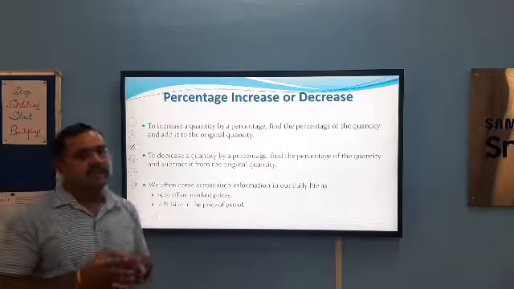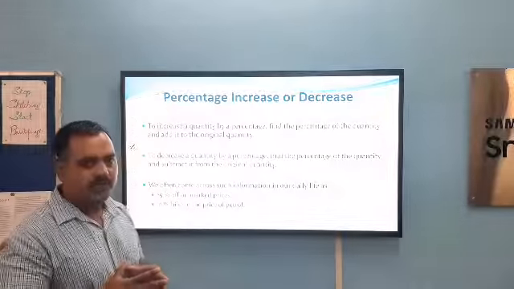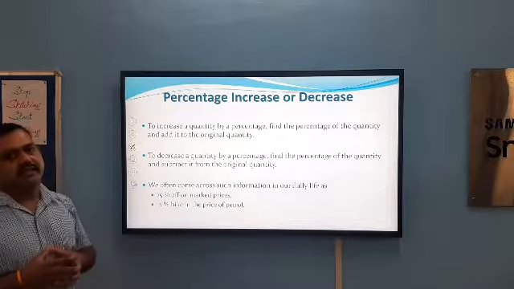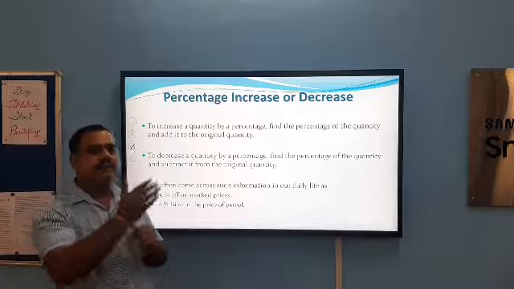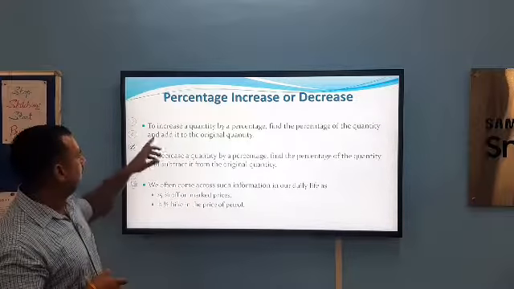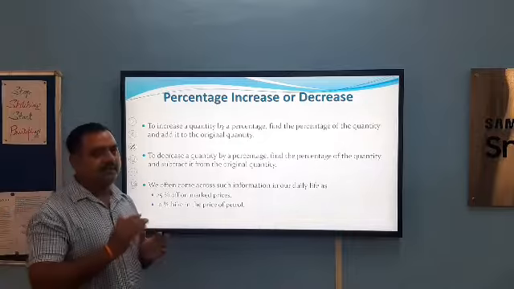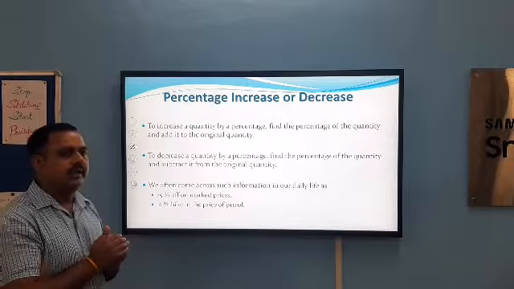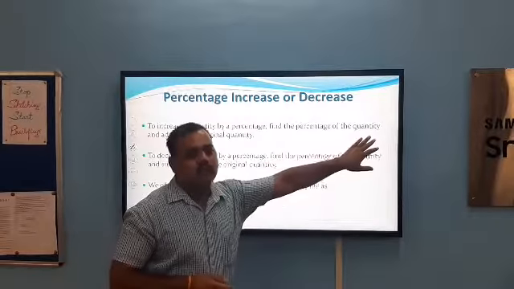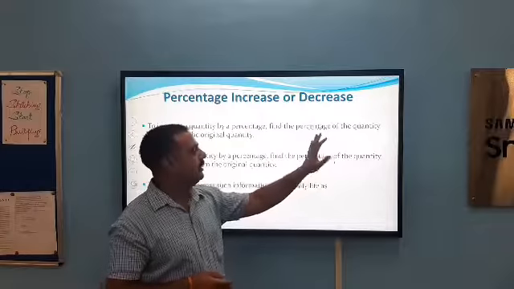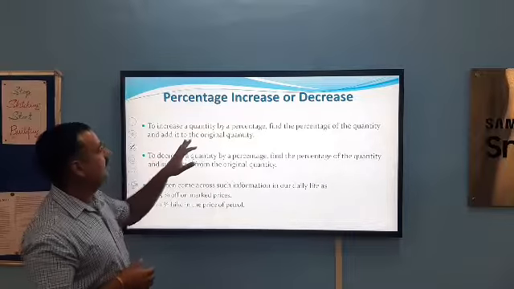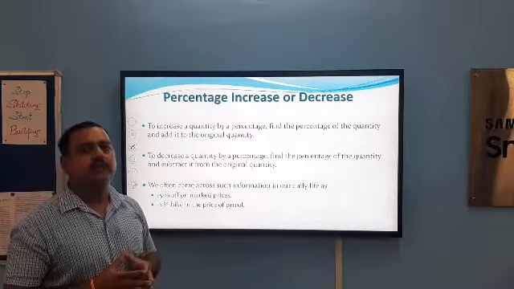Now percentage increase or decrease. Many times we come across examples in our daily life of increase percent and decrease percent. To increase a quantity by a percent, find the percentage of the quantity and add it to the original quantity.